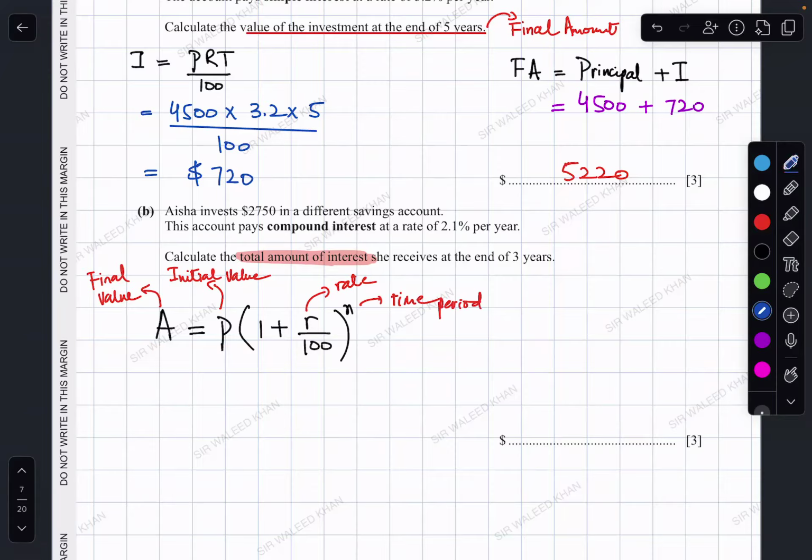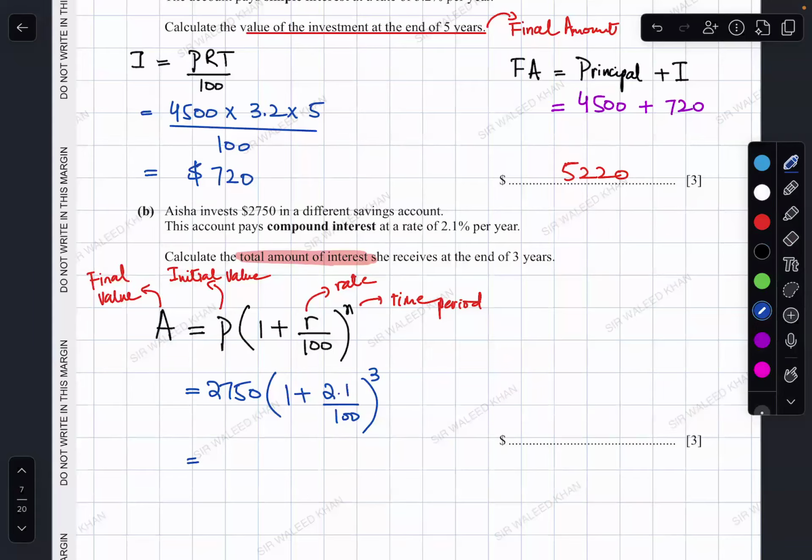So when I apply the formula, I am getting the final amount, the amount at the end of 3 years in the account. So principal amount 2750, 1 plus rate, that is 2.1 over 100, whole power, number of years 3.